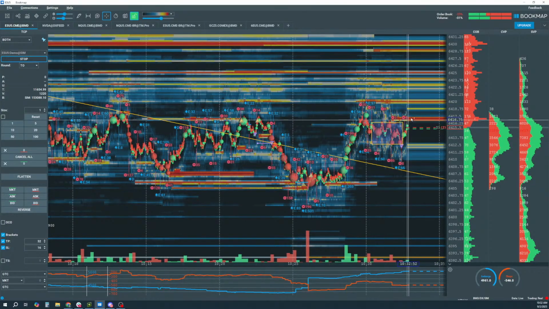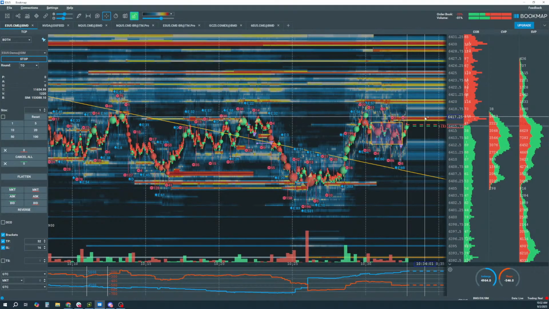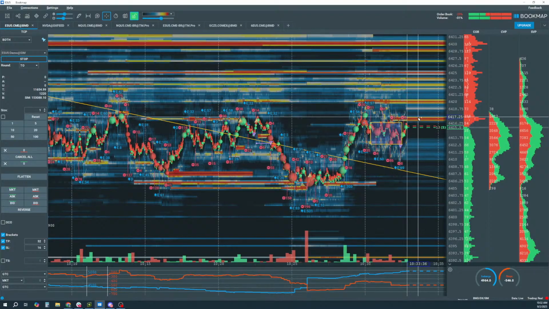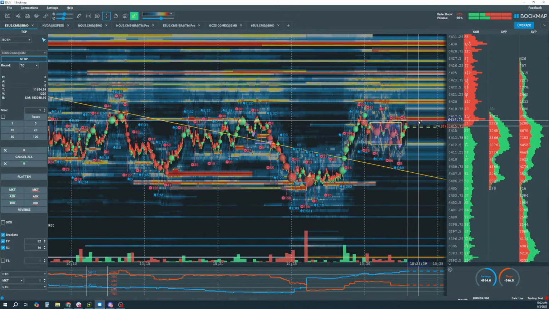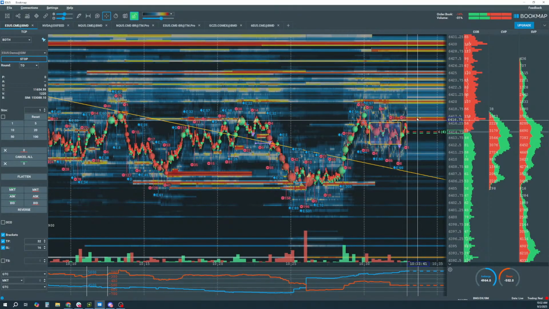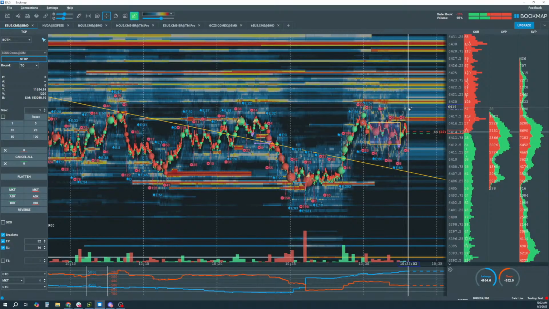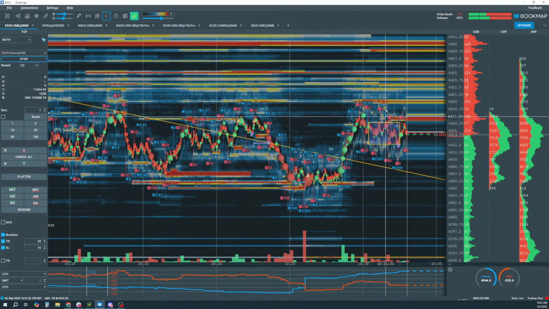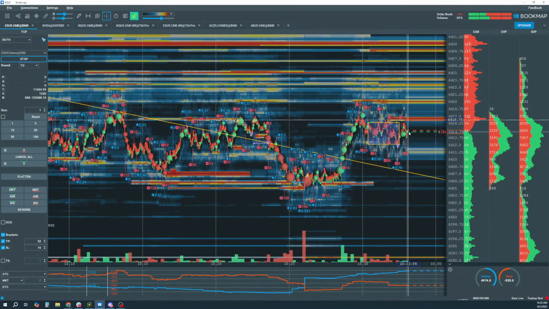Okay, we got to get back up above them. And that's where they will feel the pain, and then they will drive price higher.